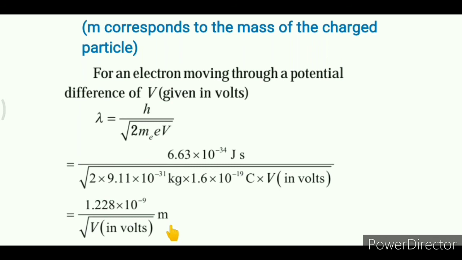1.228 into 10 raised to minus 9 meter, divided by the square root of the potential that must be applied in volts. As this potential is variable, we are not considering its value here. So in general, whatever potential in volts is applied, we can substitute the value and determine the wavelength for the moving electron.